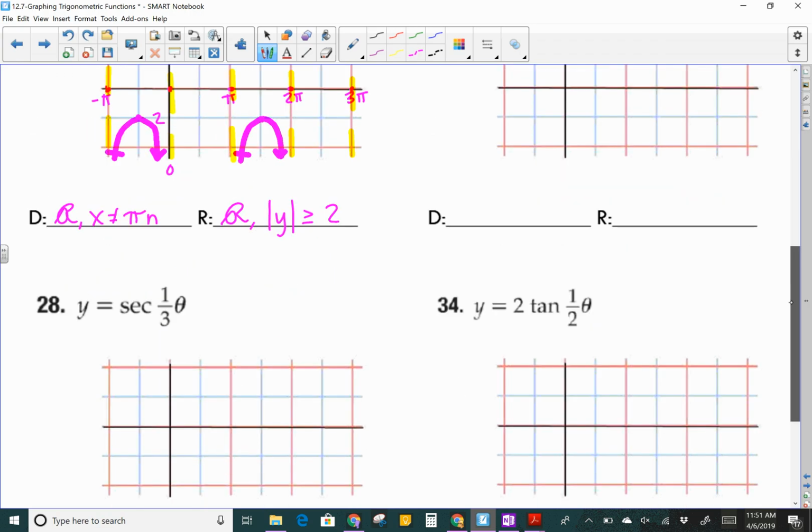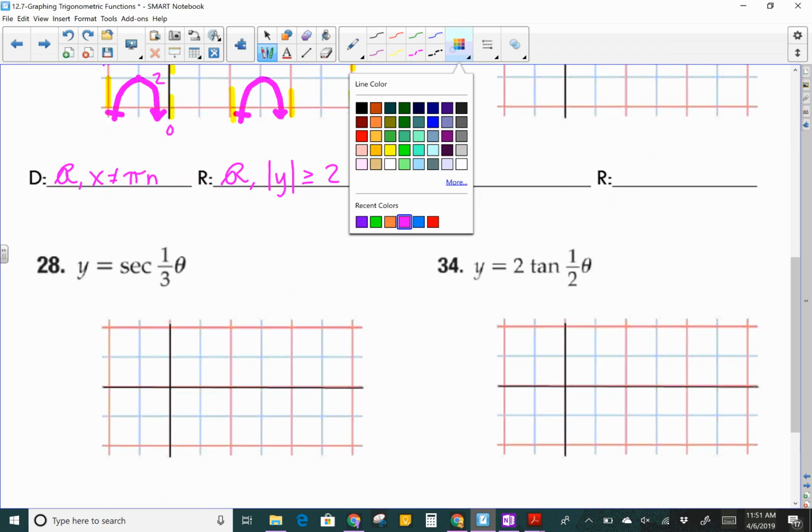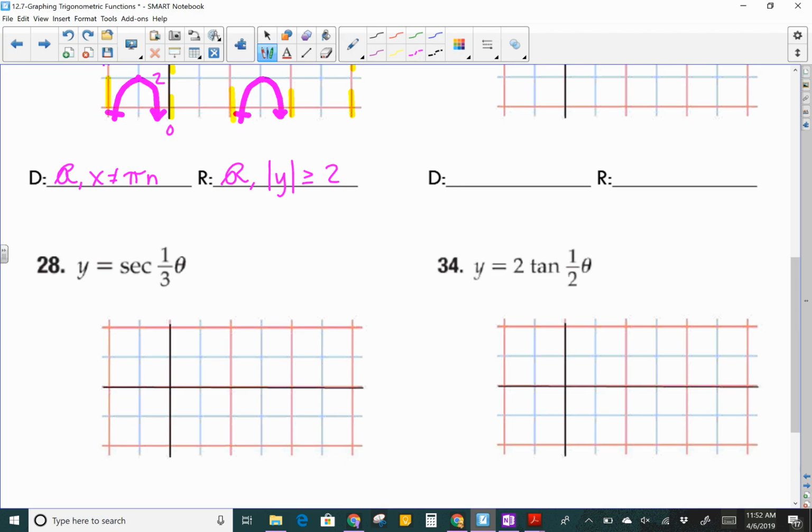Let's look down here at a secant. So I have y equals the secant of 1/3 x. I didn't mention it before, but surely you've realized by now, it's much easier not to do this on paper that's already been labeled with pi and 2 pi, because I'm going to be in charge of the scale. I only did that for the parent functions to make that easier.